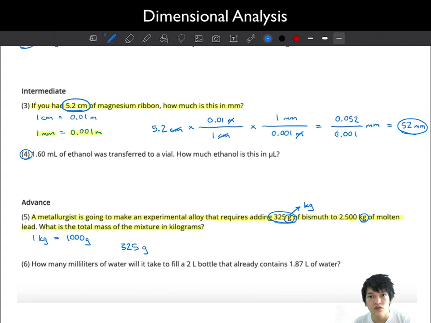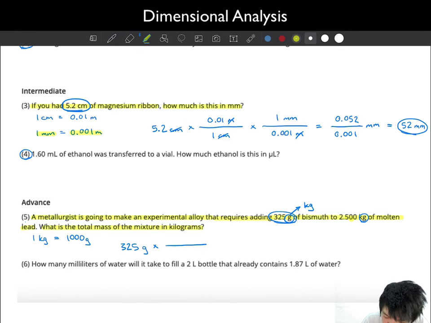Okay, so start with the number that we got. We're going to convert it, so times, draw a line. The unit that we want on the bottom, hopefully you understand this by now, is the same as the unit that we started with, which is grams. So on our relationship, we want grams to be on the bottom. So 1,000 grams goes on the bottom.